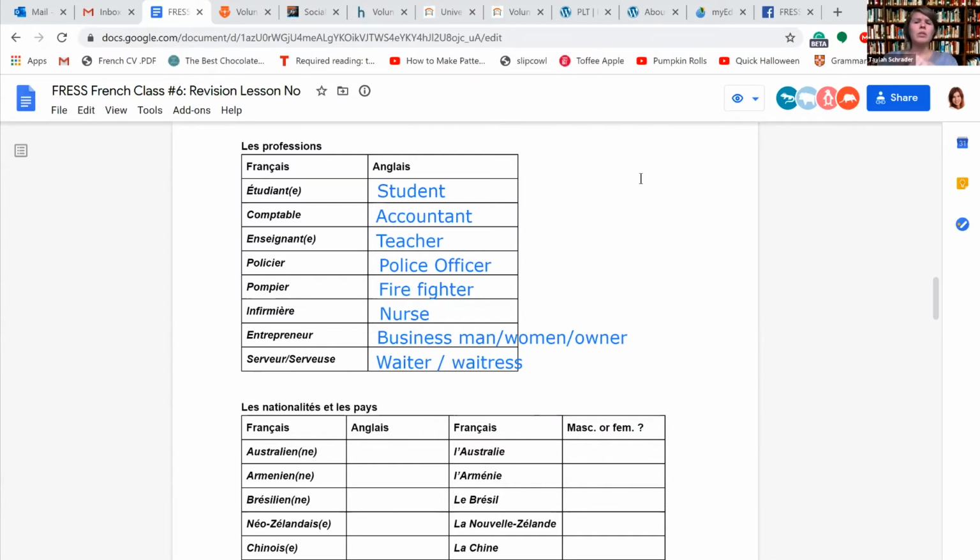That then pronounces the last letter. So the main difference with feminine pronunciation is things like étudiant and étudiante. You have a T at the end. I'm over-pronouncing it, but that's the main difference there. Any other questions?